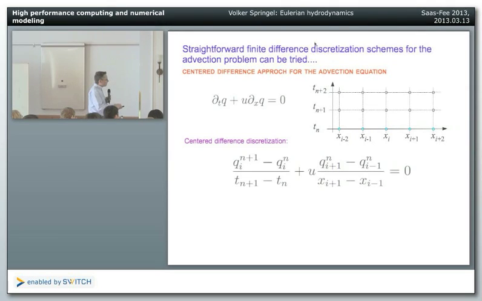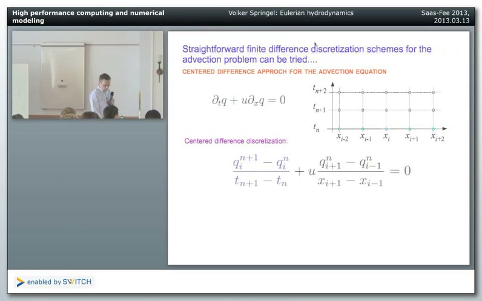So we can write down an approximation to the time derivative like this, and here a spatial approximation, and that's centered difference because the time discretization here is just that I take at a certain point x, I will now find a difference, the states at time tn plus 1 minus the state at time n, and divide by the time interval. So this will be the approximation for this time derivative here.